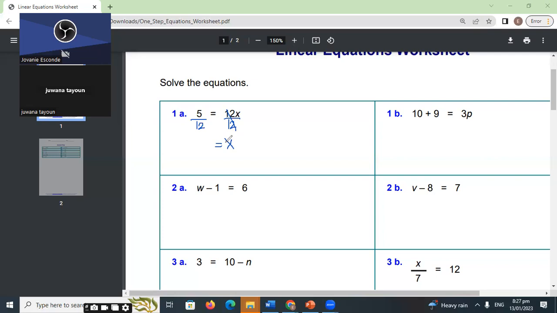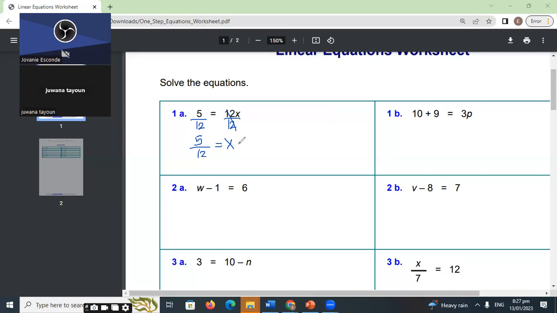So 1x is the same as x. Now we have here 5 over 12. Since 5 cannot be divided by 12, the answer is x is equal to 5 over 12. Is it clear? Yes po.